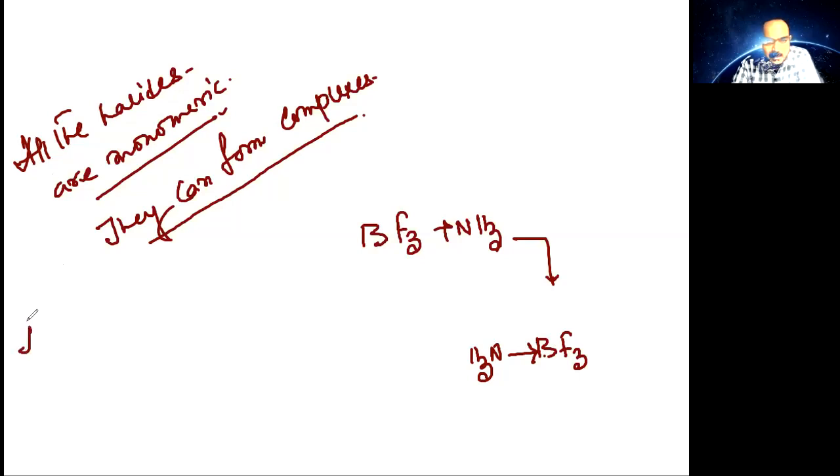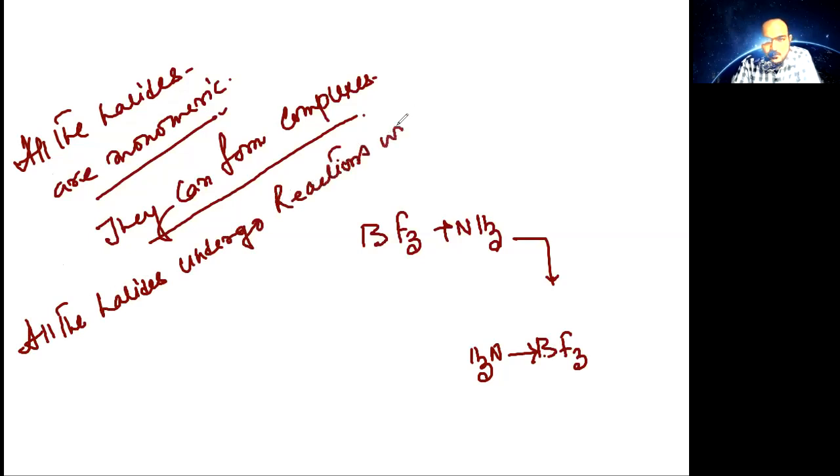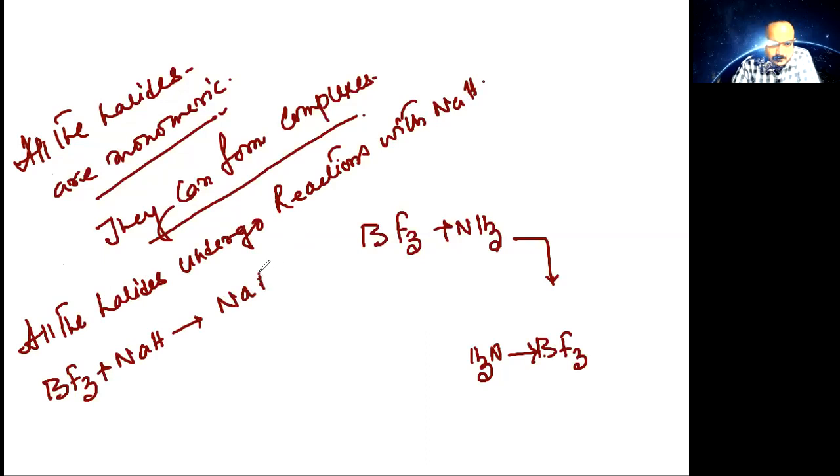All the halides undergo reactions with NaH. What happens? BF3 plus NaH can produce NaBH4.